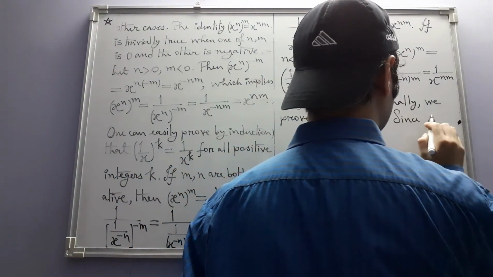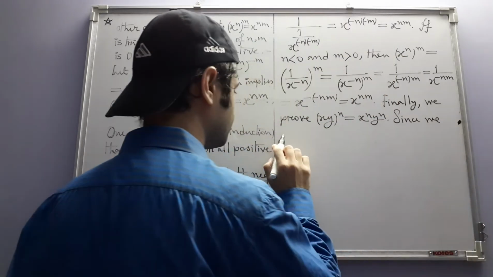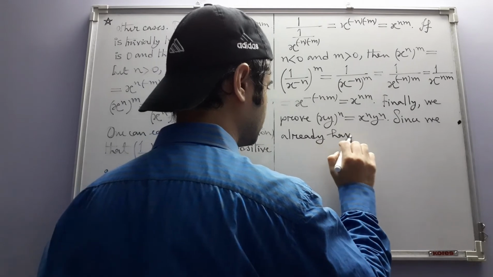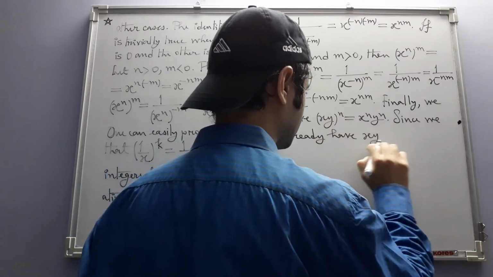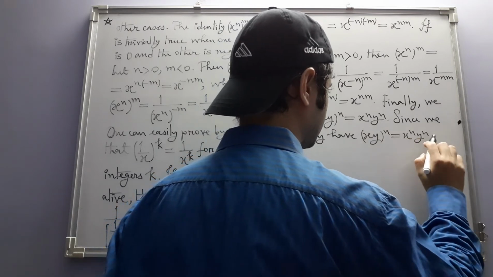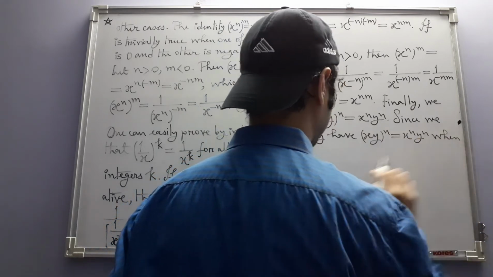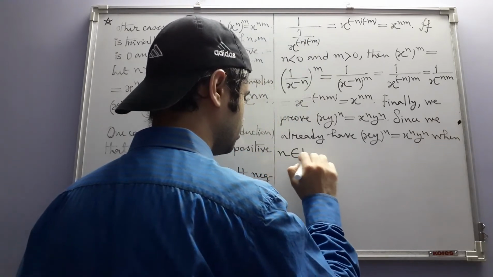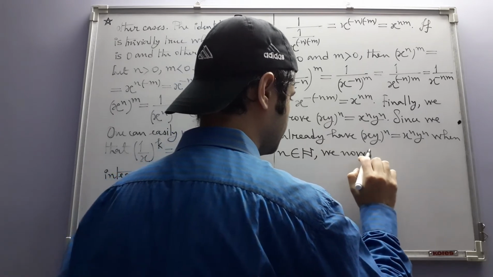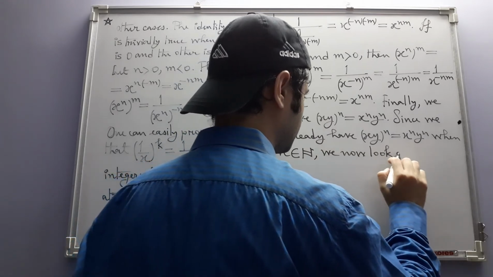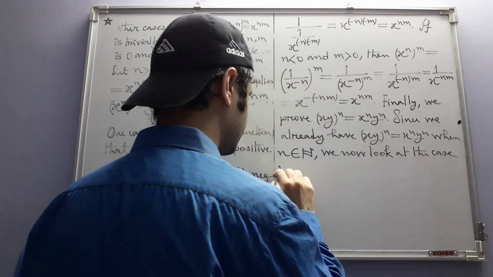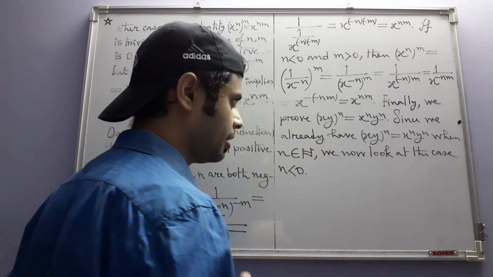Since we already have it when n is a natural number, we now look at the case where n is negative.